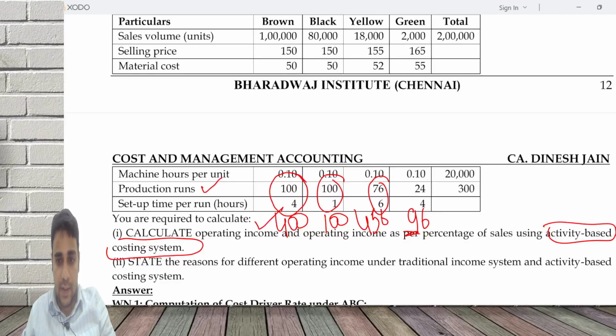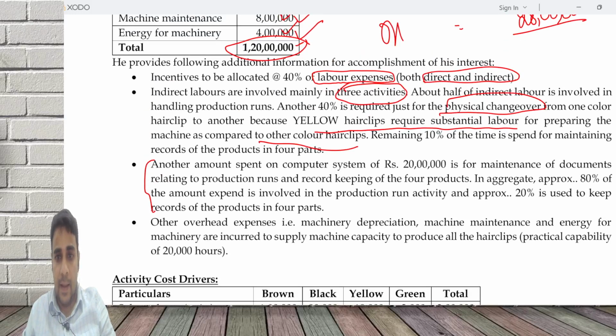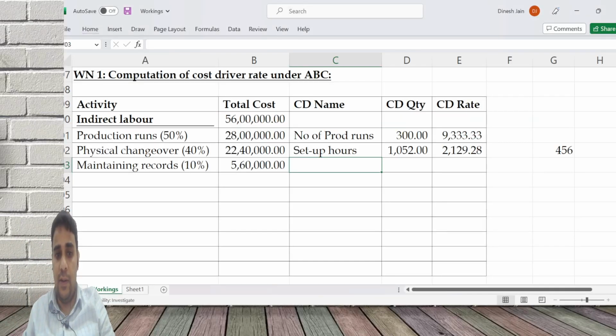Last part is maintaining records, which says the remaining 10% is spent for maintaining records of the product in four parts. So maybe this varies based on the number of parts. You are required to maintain separate records for every part. So the remaining 10% time is meant for recording it, basically an equal division.